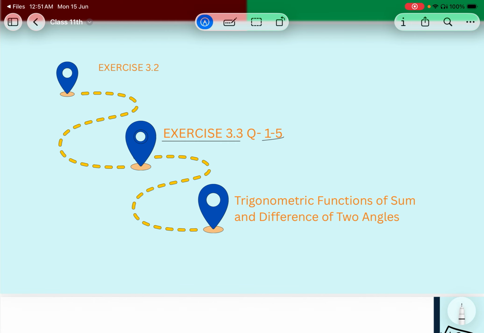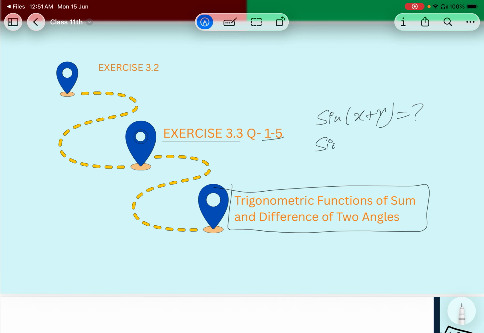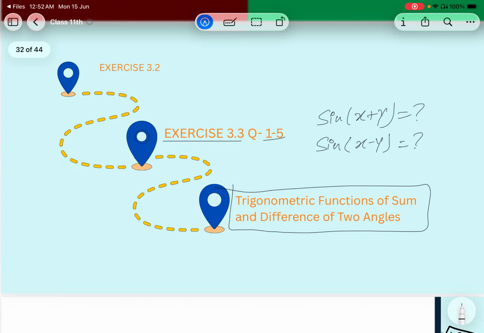If you want to solve that, then we have to understand the trigonometric functions of the sum and difference of two angles. For example, sin(x + y) equals what, and sin(x - y) equals what. For every trigonometric function we will see the sum and difference of the angles.